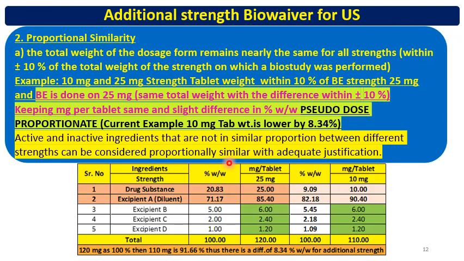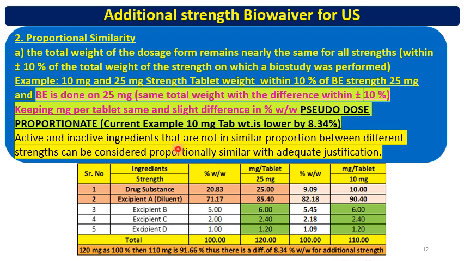Then moving to the next example. In this, the B is done on 25 mg, like in the previous slide we have mentioned. Same total weight with difference within 10%, keeping mg per tablet same and slight difference in percent weight by weight. This is also pseudo-weight proportionate.